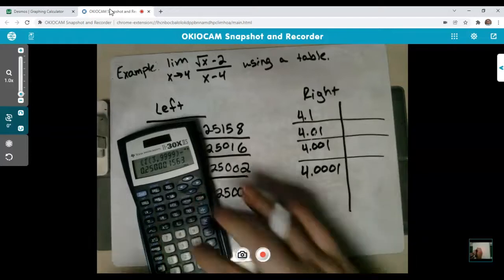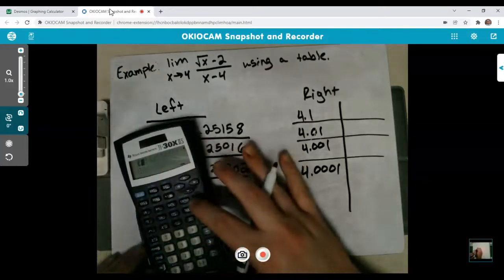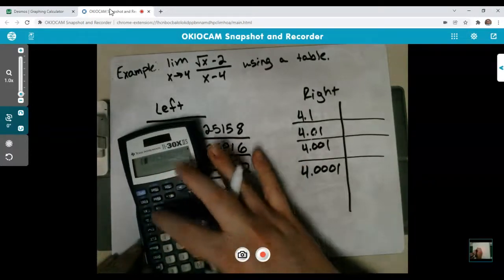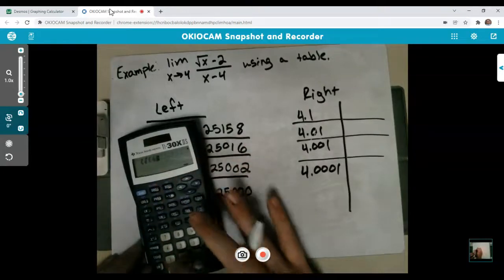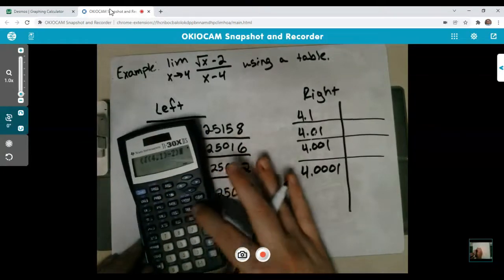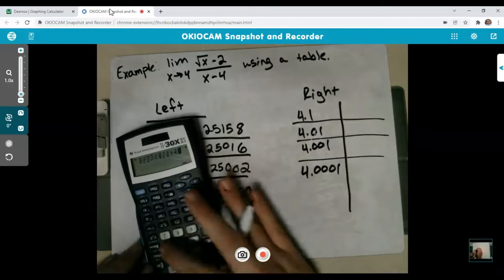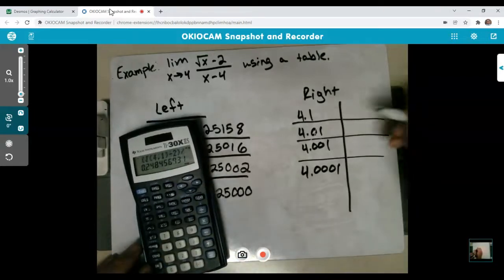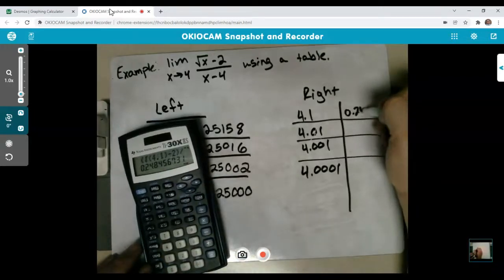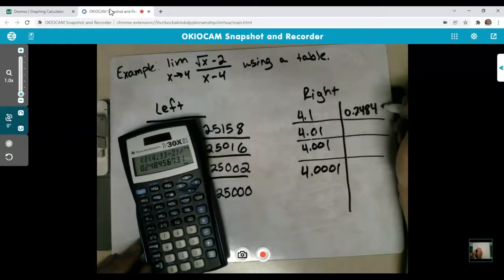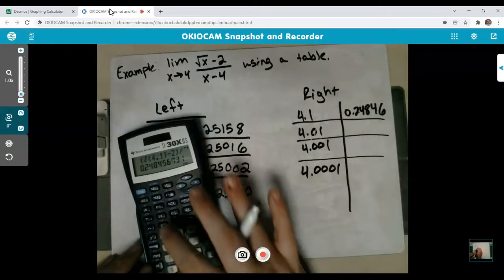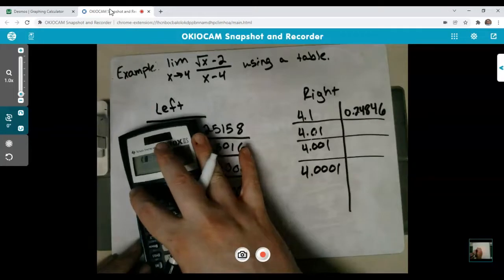All right, let's do it on the right side too. Oh, I think I clicked the button I didn't mean to. Square root of 4.1 minus 2 divided by 4.1 minus 4. That gives you 0.2484. That rounds up to 6. Plug in 4.01.